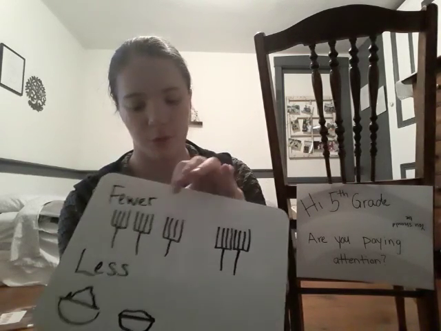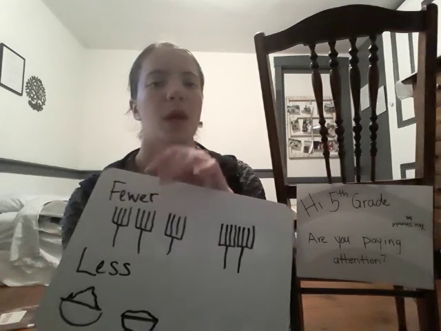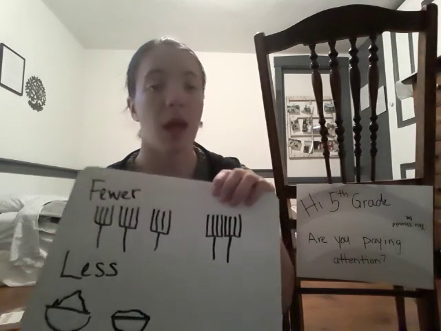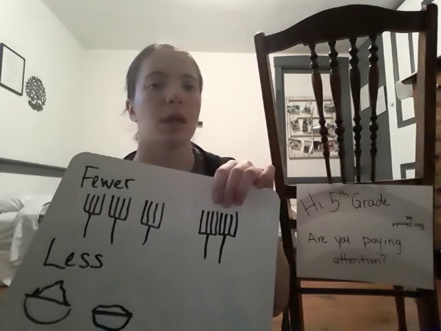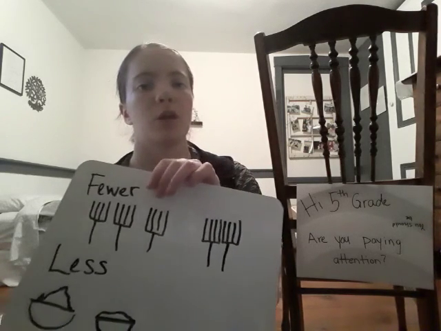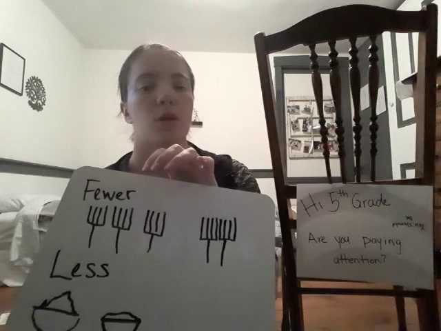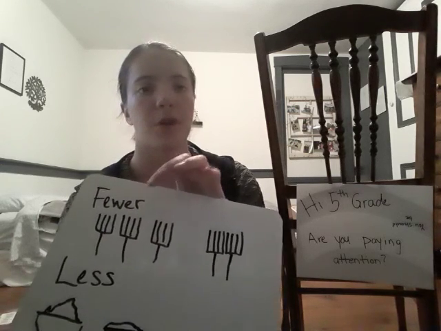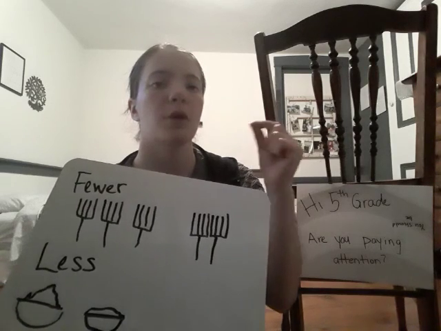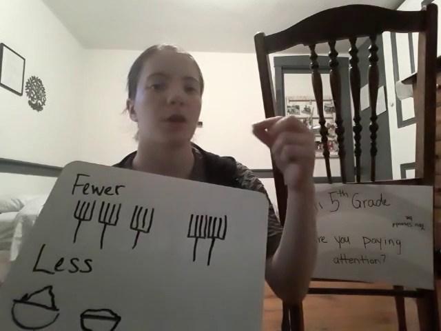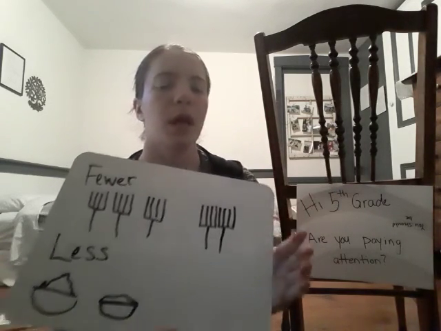So I have 3 forks in my first group, and I have 2 forks in my second group. So I have fewer forks in group 2 than in group 1, okay? So I use fewer for things that I can count, and to help you remember, you can say fewer forks because forks are things that we can count, okay?